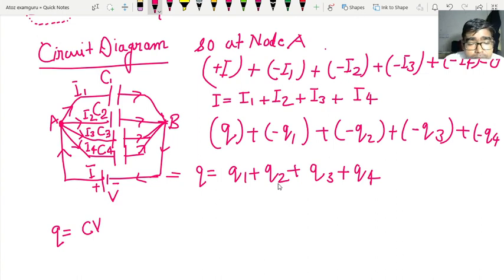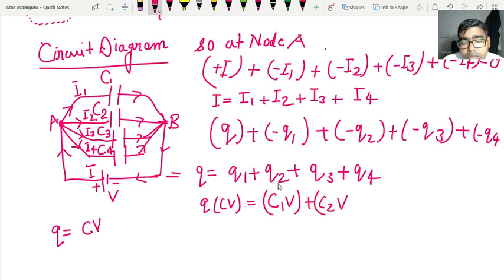And so you can write C into V equal to C1 V plus C2 V plus C3 V plus C4 into V, right?